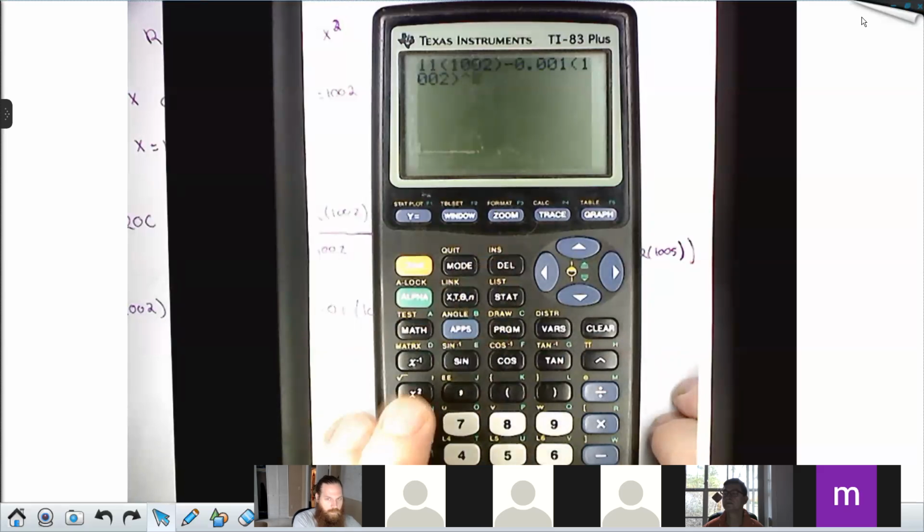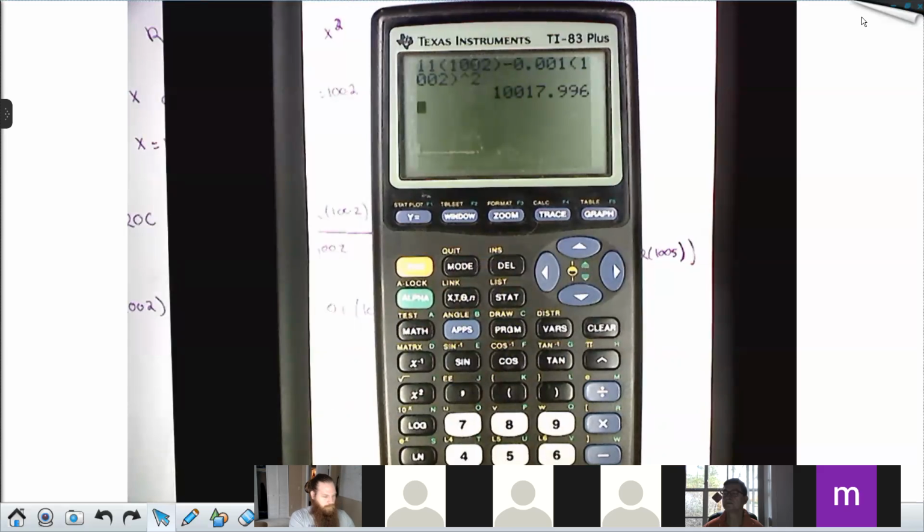Type caret and then a square. And here's our number.